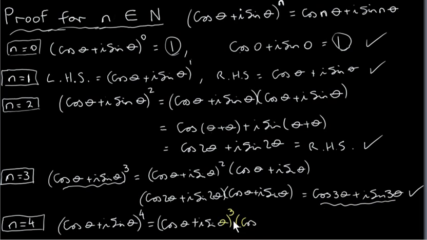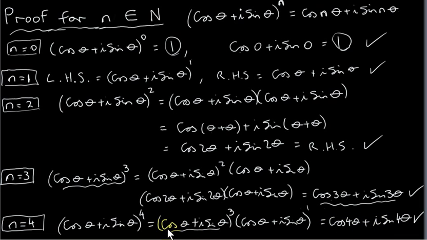And we would have to multiply this by (cos theta plus i sine theta) to the power of 1, because 3 plus 1 is 4. So we know that this thing here is going to give us cos 3 theta plus i sine 3 theta. So when we multiply by cos theta plus i sine theta, we add the arguments. So we get cos of 3 theta plus theta, or cos of 4 theta. So that's how we could keep going.